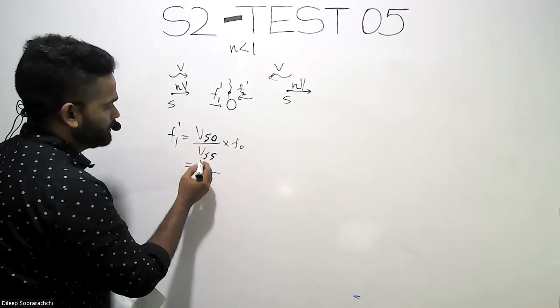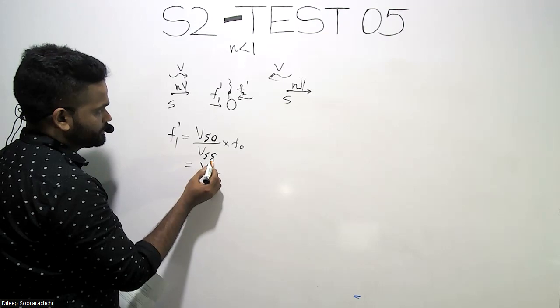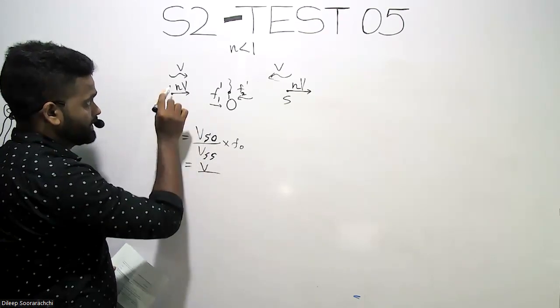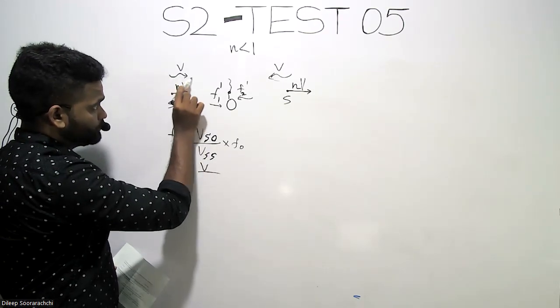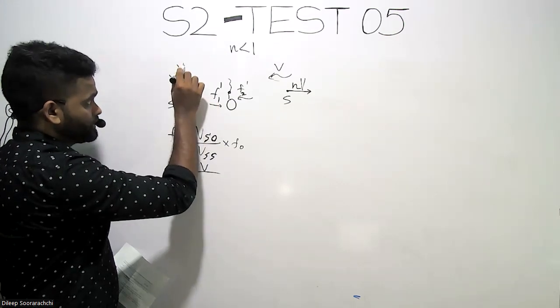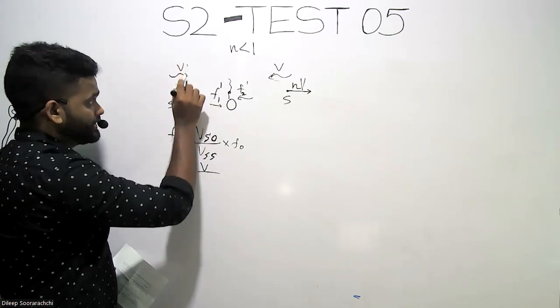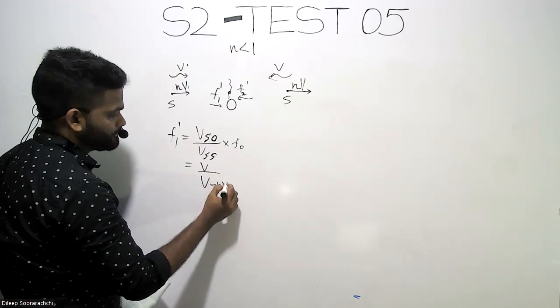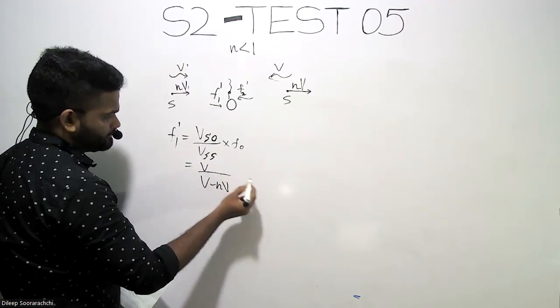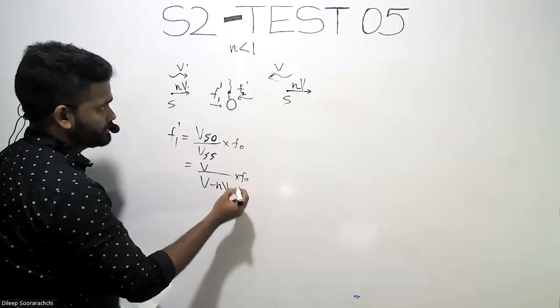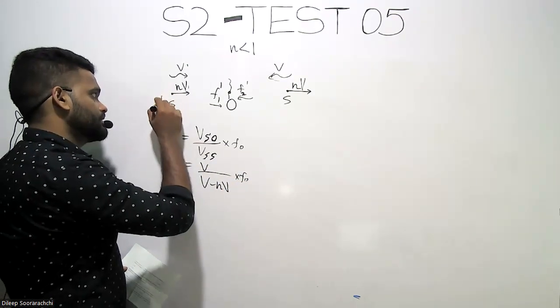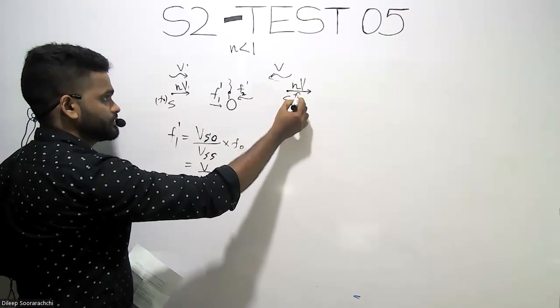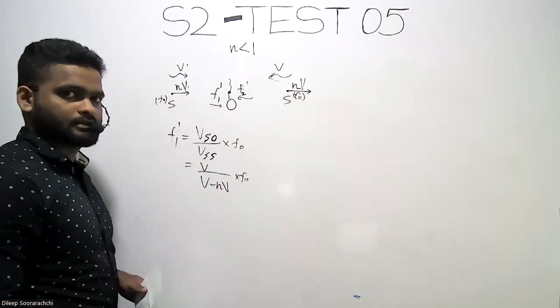Then velocity of sound relative to source: the source is moving and the sound also is moving to the same side, so the relative velocity should be the difference between these two, that is v minus nv, times f naught. f naught is the actual frequency of the source.